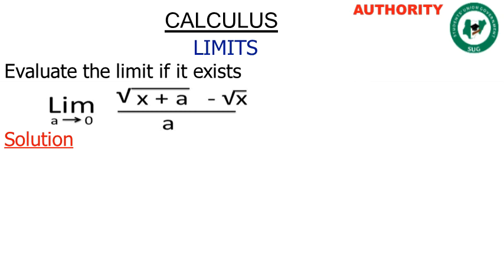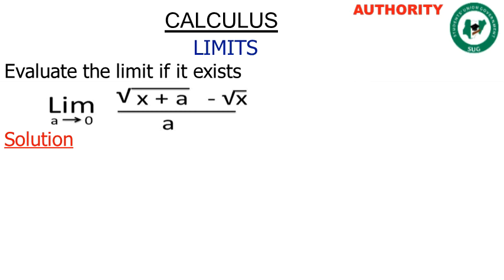That means we pick the conjugate of the numerator, and then multiply this same function by the conjugate all over the same conjugate. The conjugate is simply you take the numerator and change the sign separating the two terms. Let me show you.